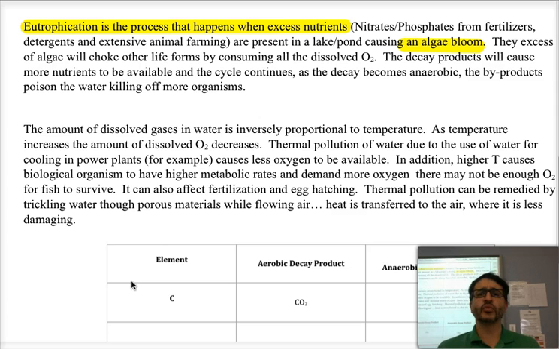All right, that will cause more decay, as eventually the algae too will die, which will of course create more nutrients for other bacteria, and the cycle continues. So you continue to get more foul conditions because of eutrophication.